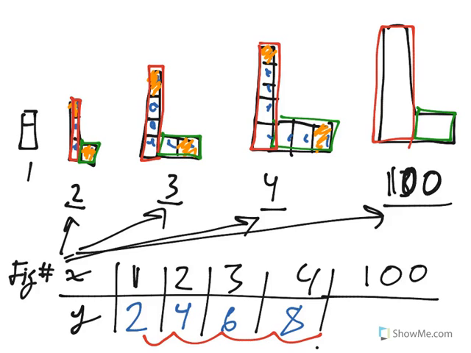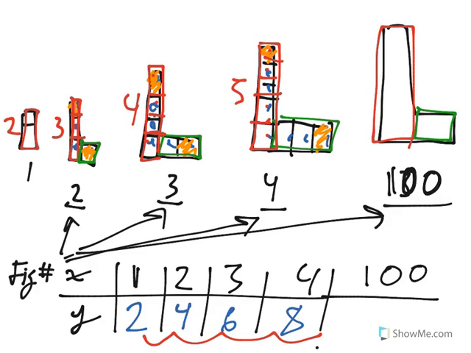I think some of you have discovered that in this particular tower, figure number 2 has 3 squares. Figure number 3 has 1, 2, 3, 4. Figure number 4 has 5. So this has 3, this has 4, this has 5, and figure 1 has 2.